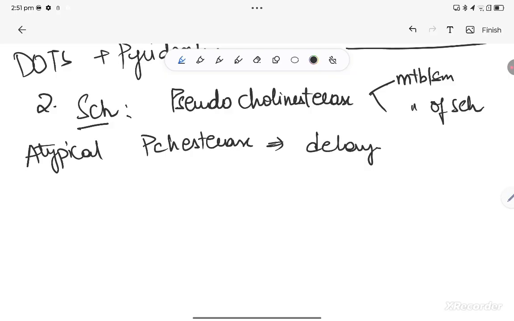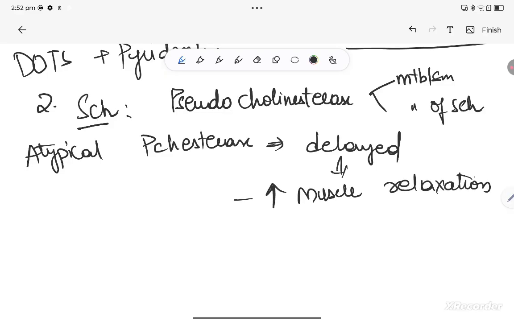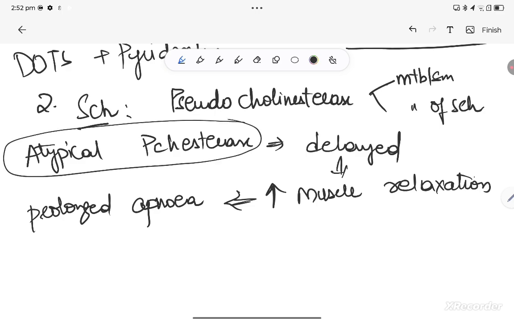So, there will be prolonged muscle relaxation, which results in prolonged apnea. A patient who has abnormal, atypical pseudocholinesterase will be intubated, where the extubation will be delayed.